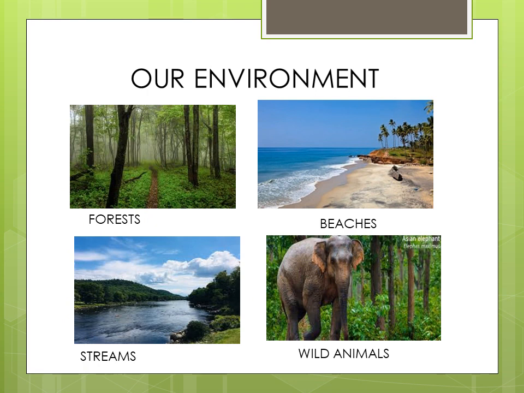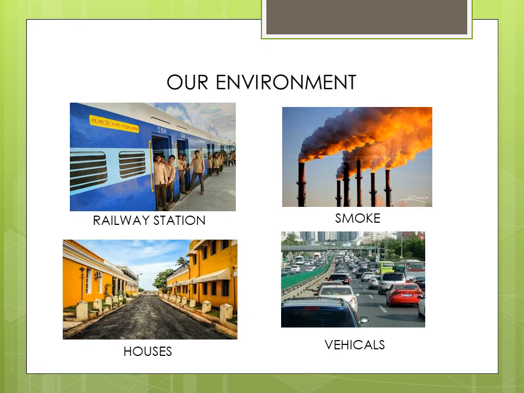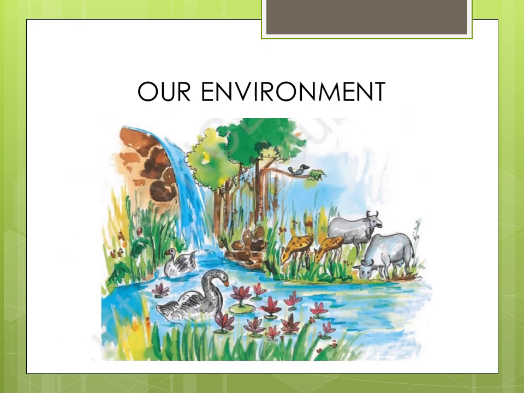Children, when you go out, you must have seen forest, long beaches, streams and rivers, wild animals, crowded railway stations, smoke from the factories, houses, vehicles on the roads. You see all these living and non living features around you.